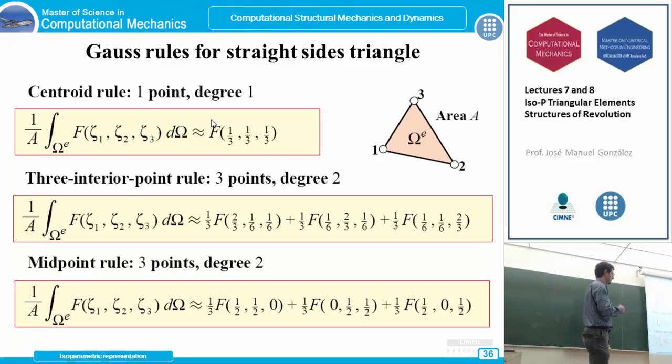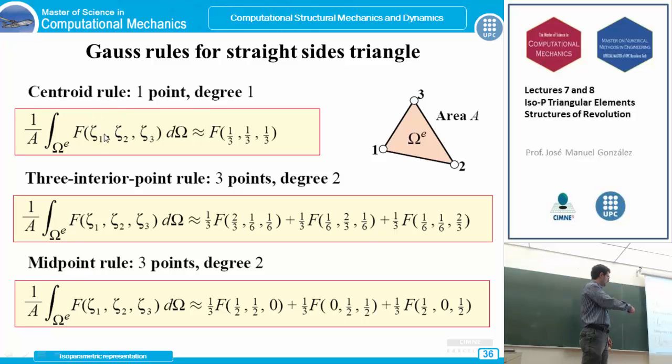Remember that the Gauss-Legendre quadratures used in the quadrilaterals; now we use different quadratures depending on the location of the integration points. This is the simplest integration rule, the centroid rule. We use 1 point. That's a 1 degree interpolation for the polynomial function. So we have the triangle, we calculate the area, and this integration is calculated as 1 divided by area times the integral of the function, any function.